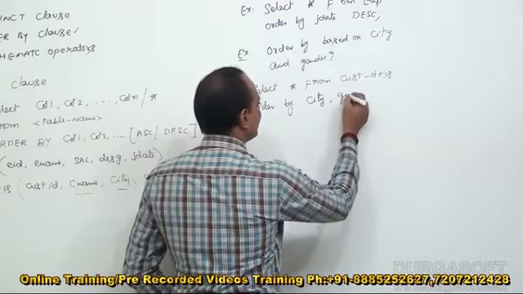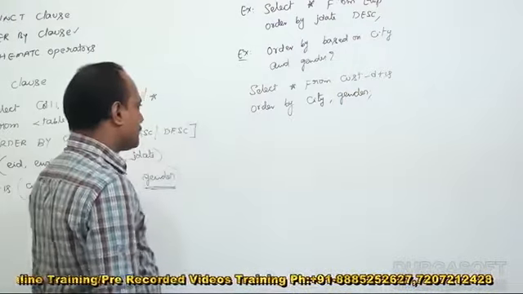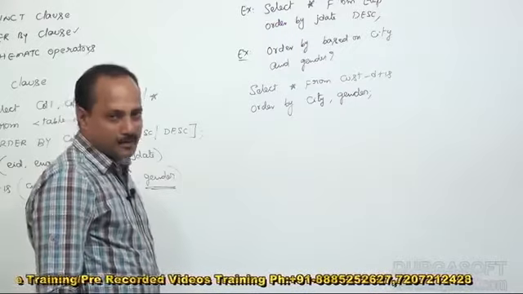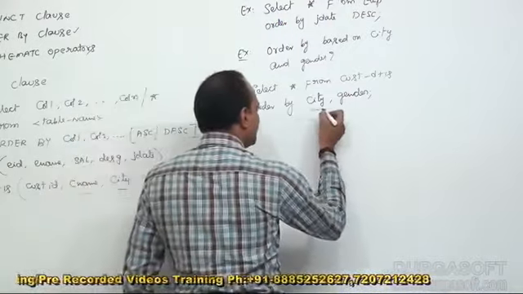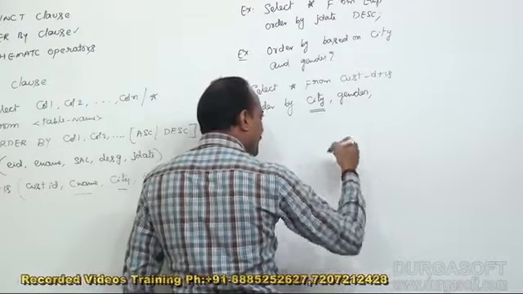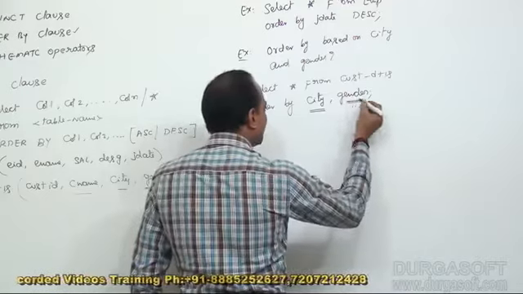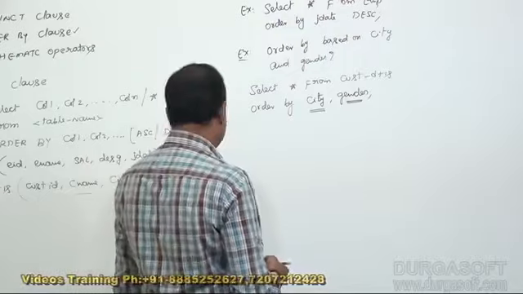So gender. Here you are applying order by clause on multiple columns, city and gender. According to city value, if there are multiple records, then those multiple records should be ordered again according to gender.